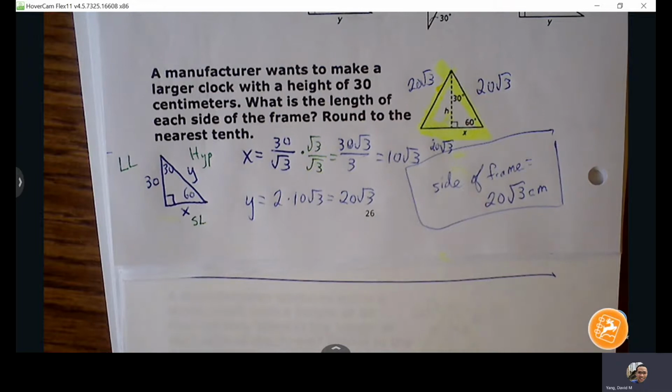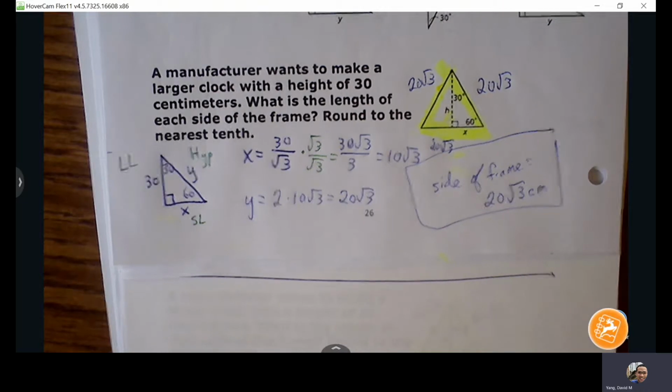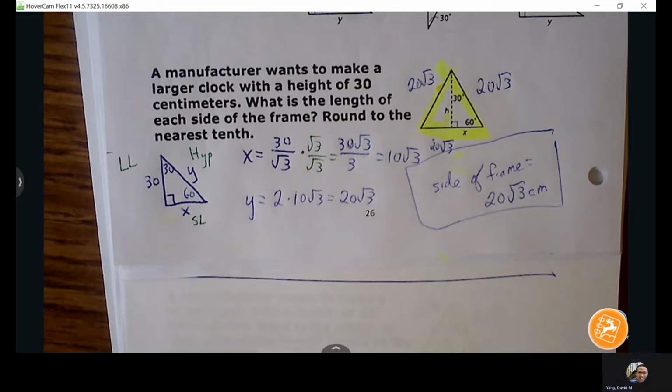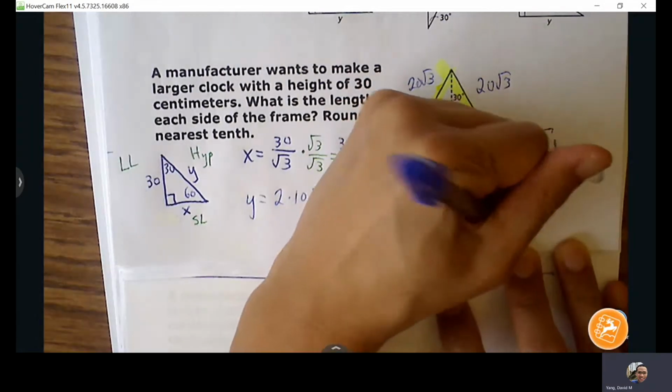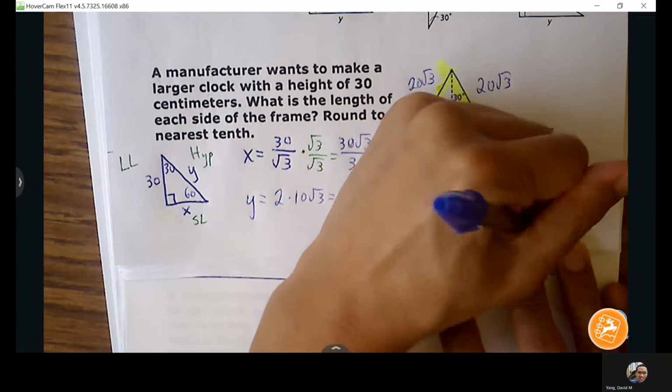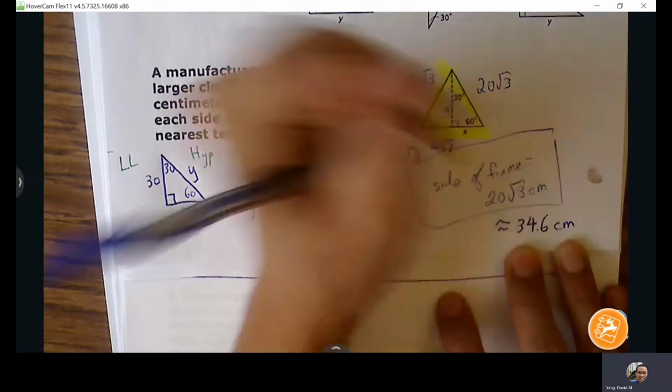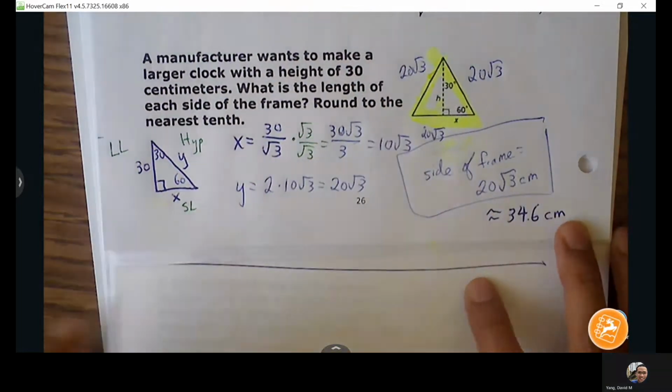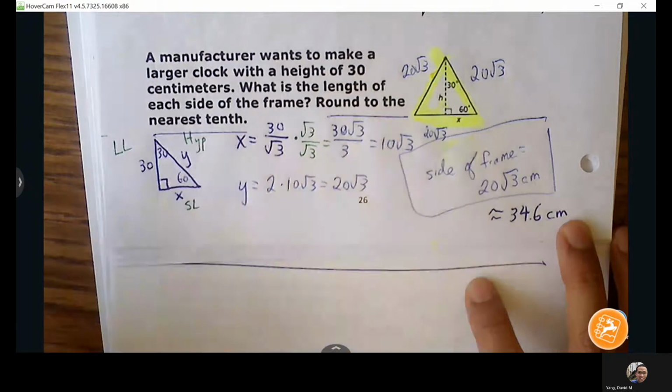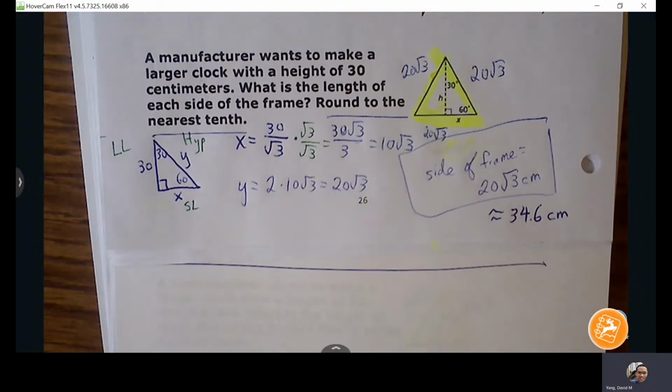It did ask you for a decimal value. So let's do that. 34.6. Thank you. All right. Any questions? Okay, next page.